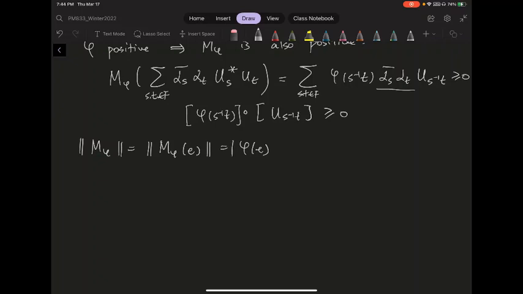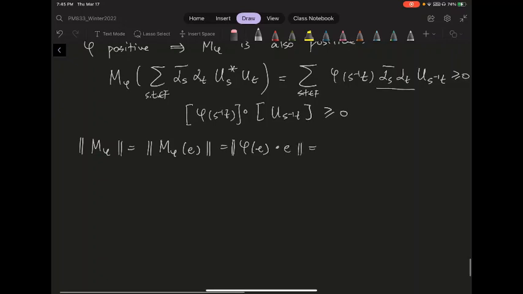So this is the norm of phi of E, or you think about it as phi E dot E, okay? This is no other than the absolute value of phi of E, which is equal to 1, okay? Because you assume your phi E is equal to 1. But in any case, you see that the norm of m phi can be taken as its norm evaluated at the identity. Okay, so that gives you the value 1. So it extends to your full C-star algebra this way.